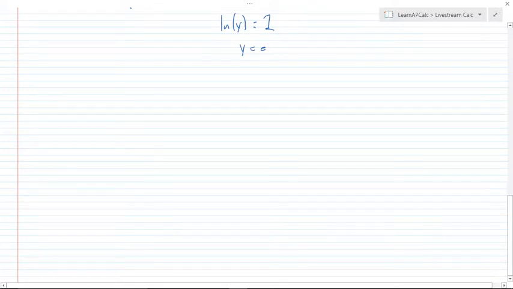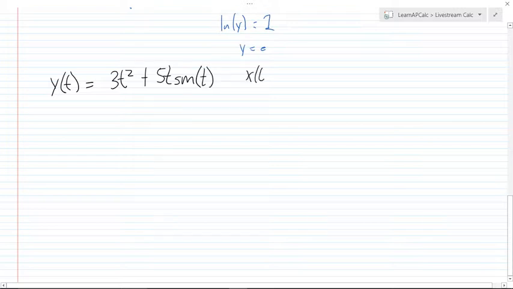So let's say we have y of t equals 3t squared plus 5t sine t, and x of t equals square root of t.